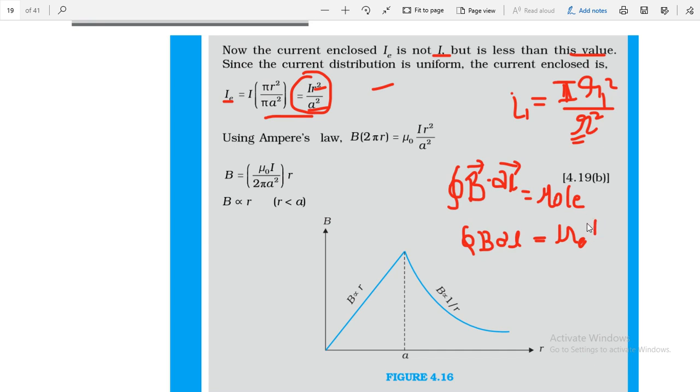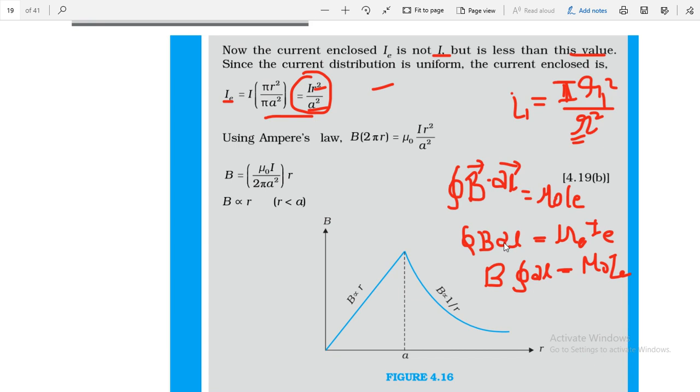Now this B is constant, so it is taken outside the integral, and this is the closed integral of dl over the line. This one is over a closed loop. So this becomes mu naught IE.